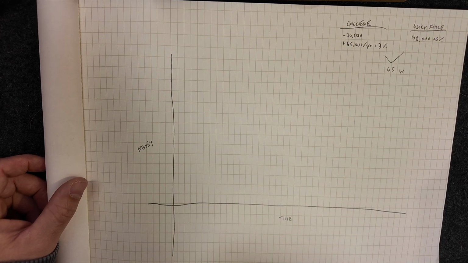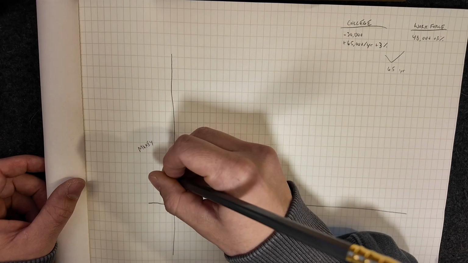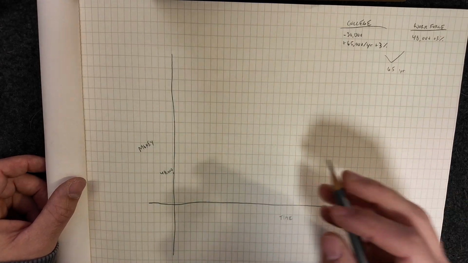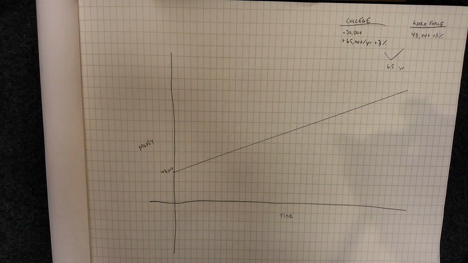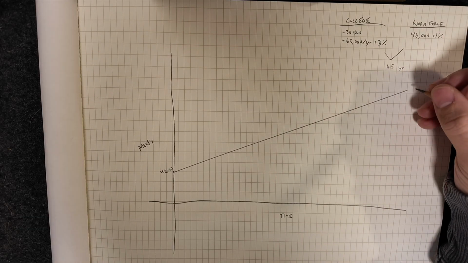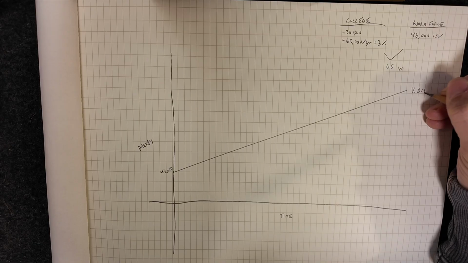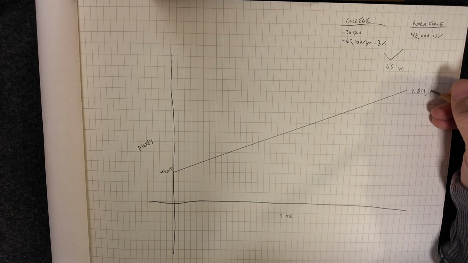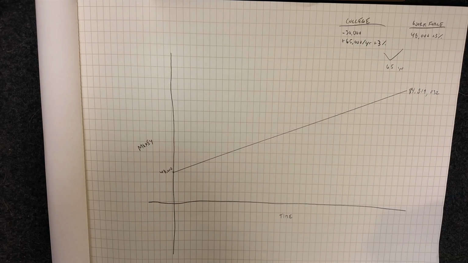You're going to start off, we'll call this here 48K, and you're essentially going to go up. So this all in all is going to make you a total of $4,819,032 throughout your whole life. That's what you're going to make.